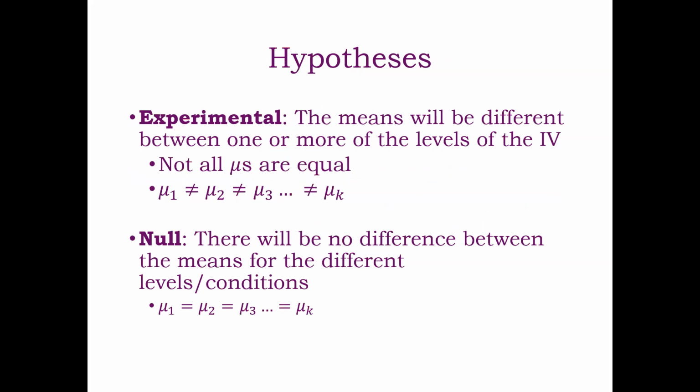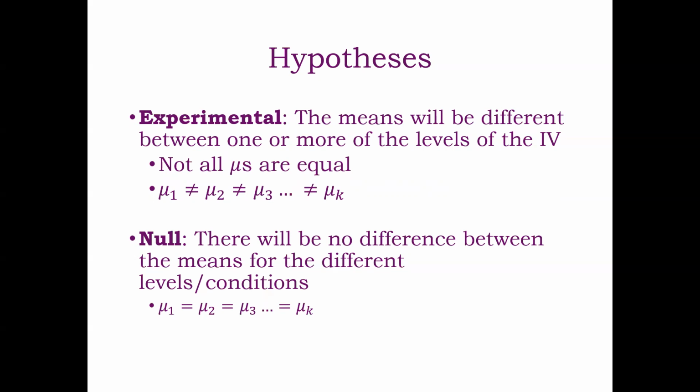So our hypotheses are really simple. The experimental or alternative hypothesis is that the means will be different between one or more of the levels of the independent variable. In other words, not all means are equal. So mu1 is not equal to mu2, not equal to mu3, and so on, up to however many groups there are.